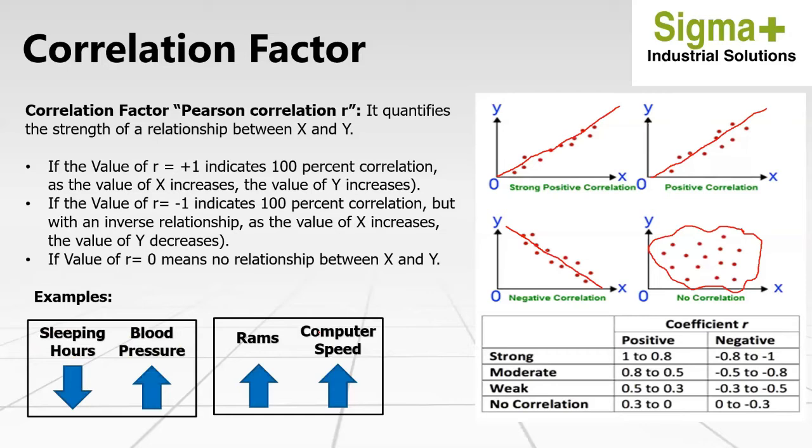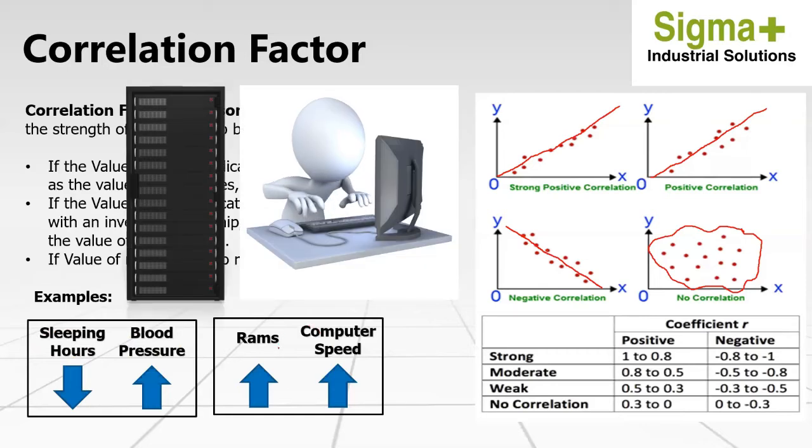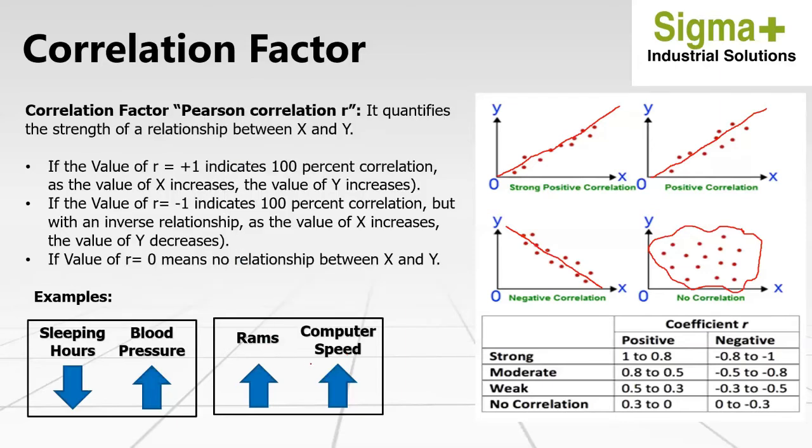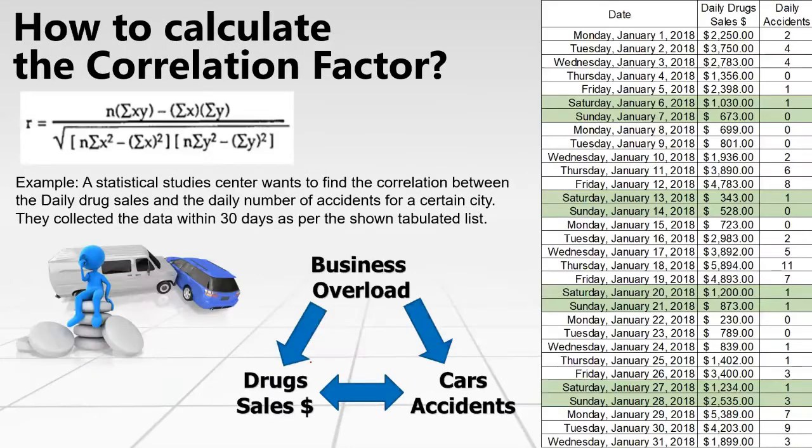In the second example, we can have a positive correlation between the RAMs and the computer speed. As the number of RAMs increases, the computer speed will be higher. So let's take a working example so we can better understand the correlation factor.